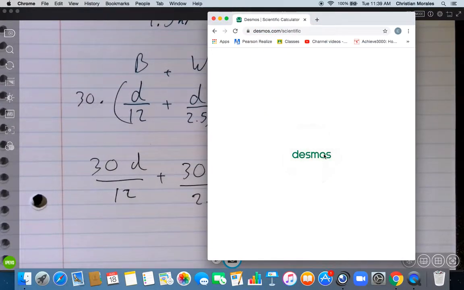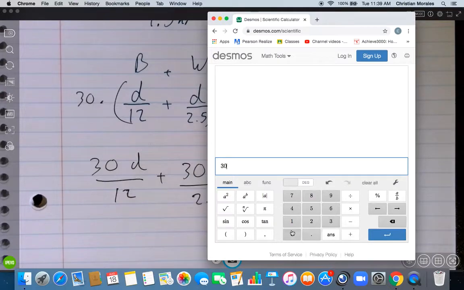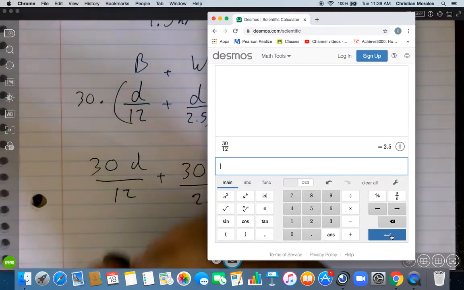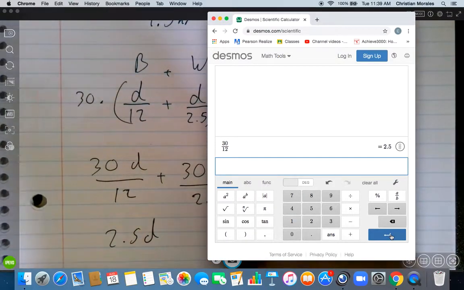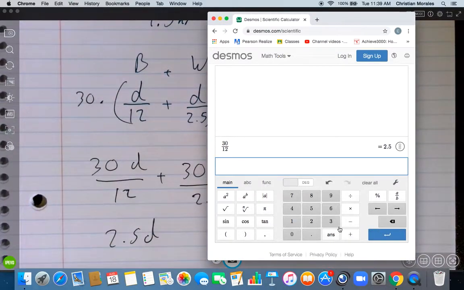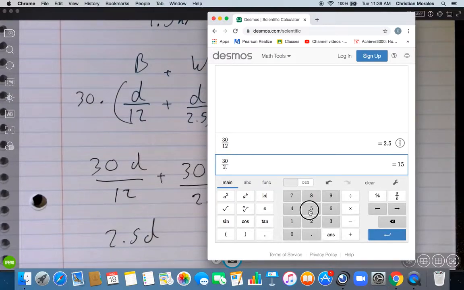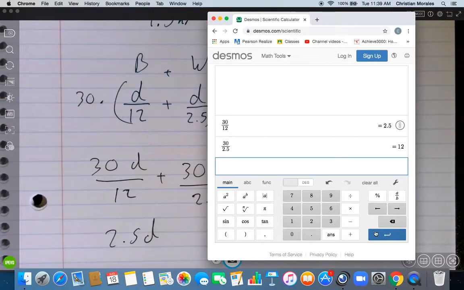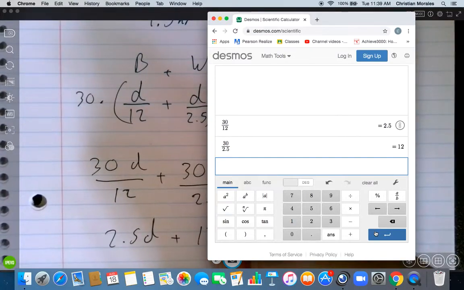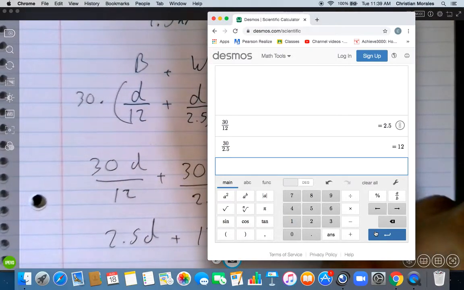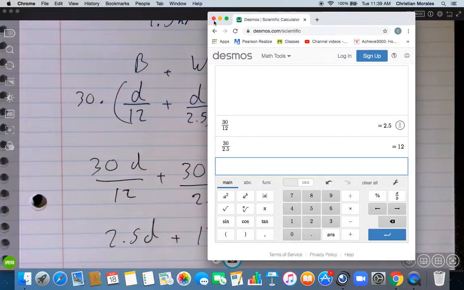Okay. 30 divided by 12, I get 2.5D. And then 30 divided by 2.5, I get 12D equals 45.